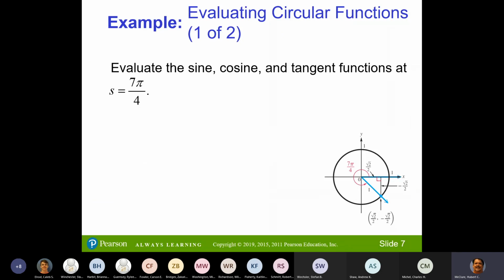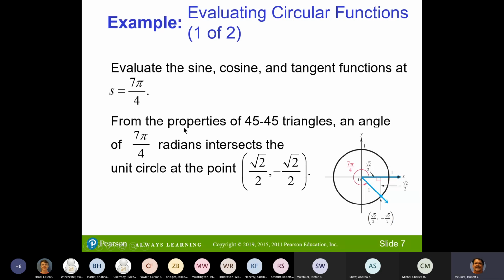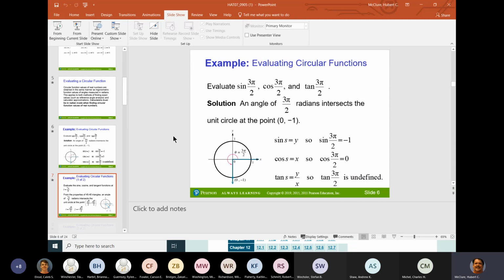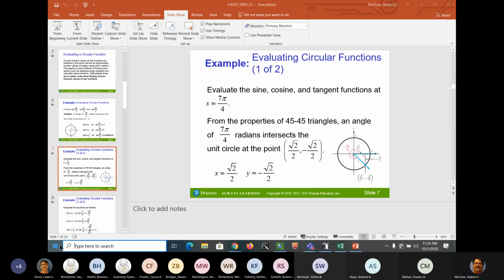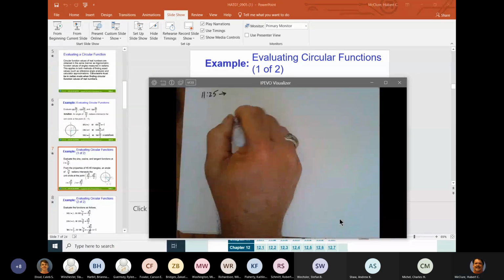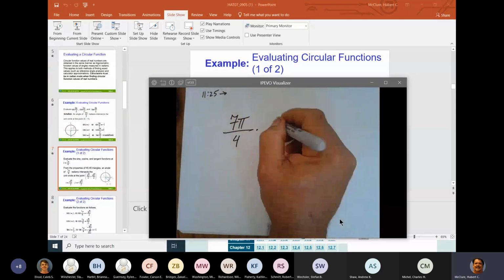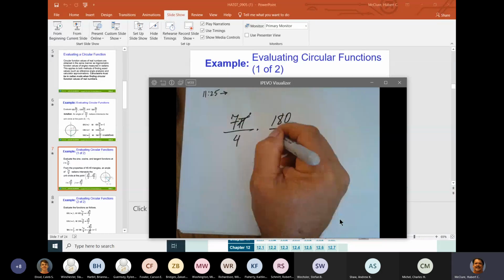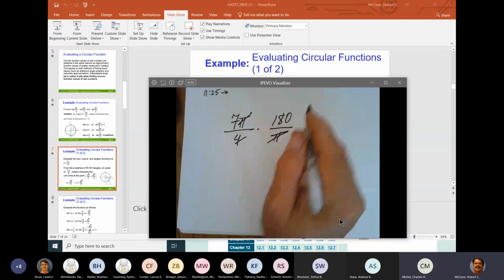Seven pi. Well, before I do anything, what is 7 pi over 4? 7 pi over 4 is related to your 45-degree angle. Hold on. 7 pi over 4 multiplied by 180 over pi. The pi's cancel. 315 degrees.